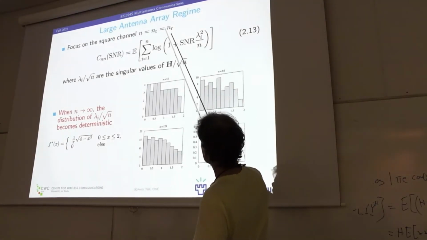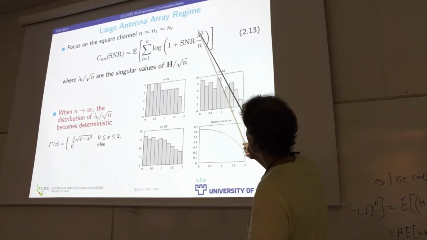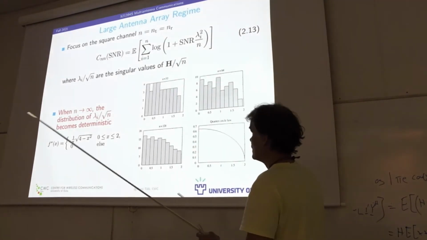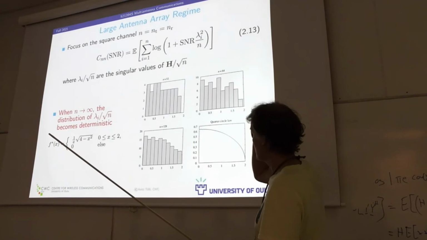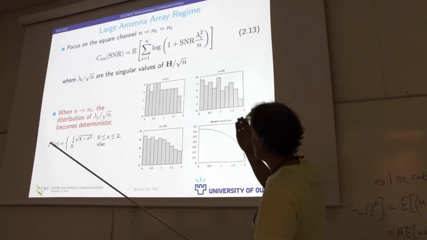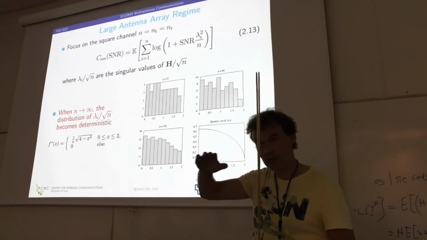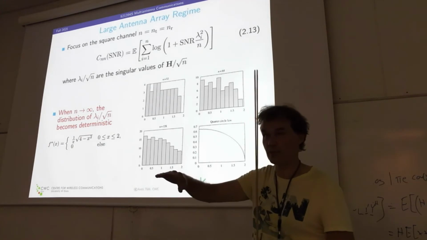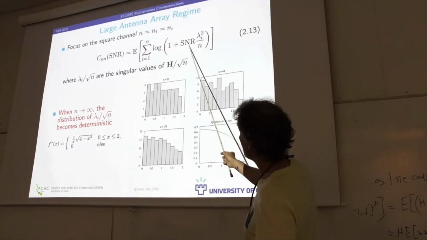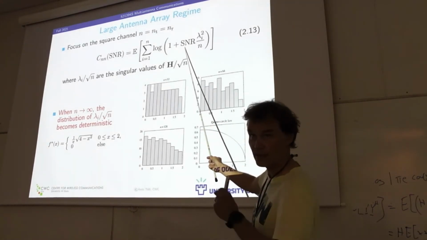In this case, we assume that at high SNR especially, equal power loading is asymptotically optimal. So here we assume that the power is equally divided over n dimensions.